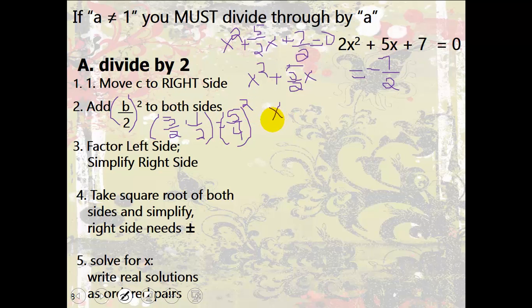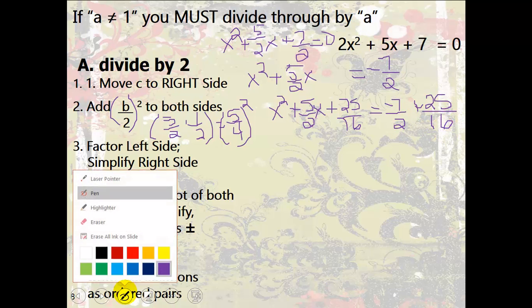So we get x squared plus 5 halves x plus 25 sixteenths. You just square the top, square the bottom, equals negative 7 halves plus 25 sixteenths.